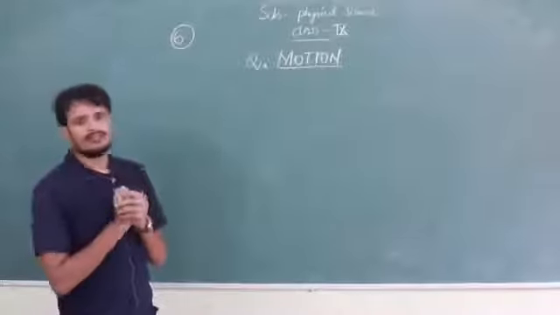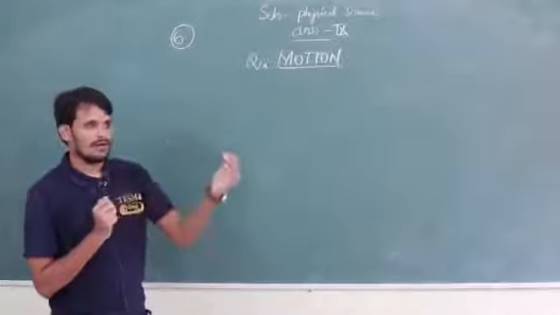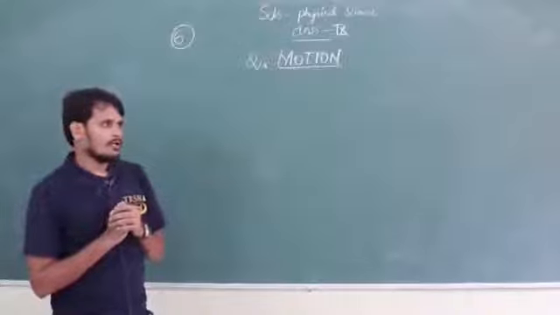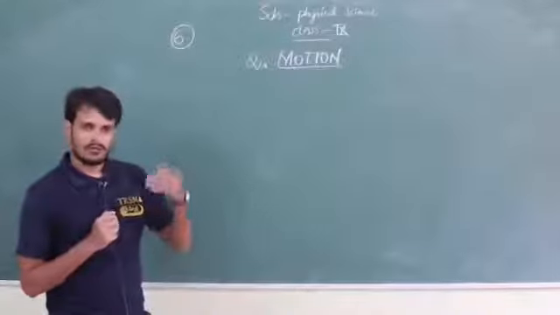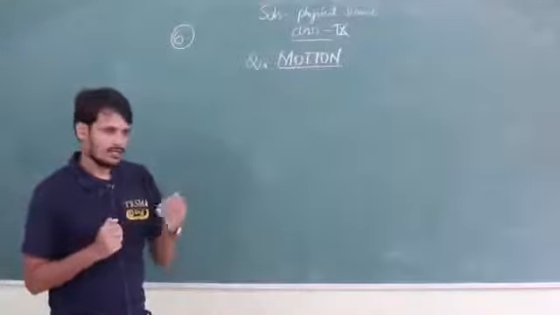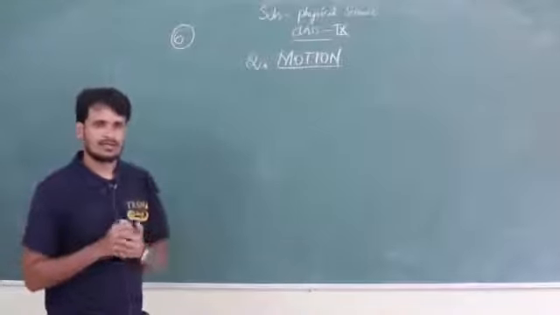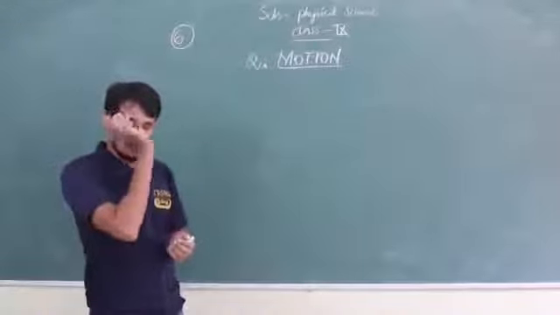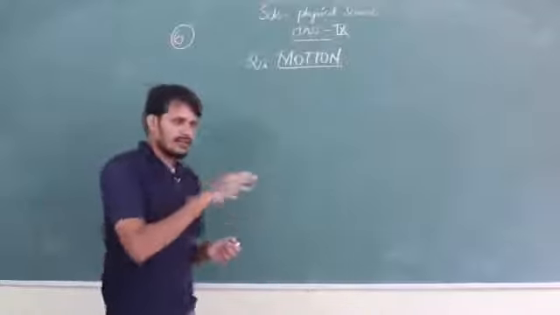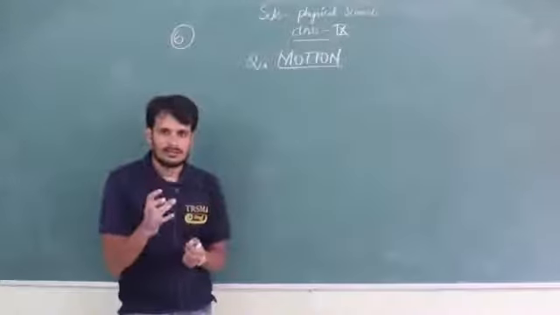So you know that acceleration has one kind of formula, velocity also has a formula, displacement also has a formula, speed also has a formula. But how are these quantities related?